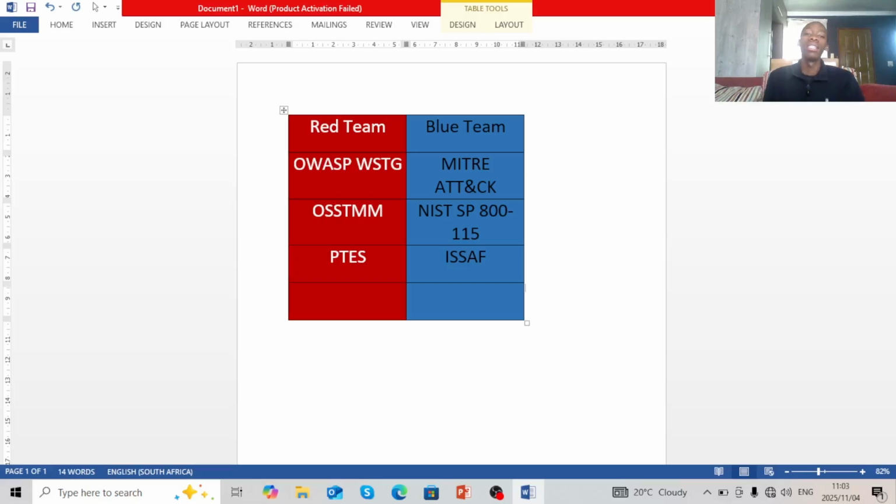So now there are six of these penetration testing methodologies, and this is how I've put them. According to what I've read, this is how I would identify these methodologies so that I can remember them. The OWASP, OSSTMM, and the PTES are for the red team, and the MITRE ATT&CK, even though I feel like it's for both, is initially for both our red and blue team, okay.